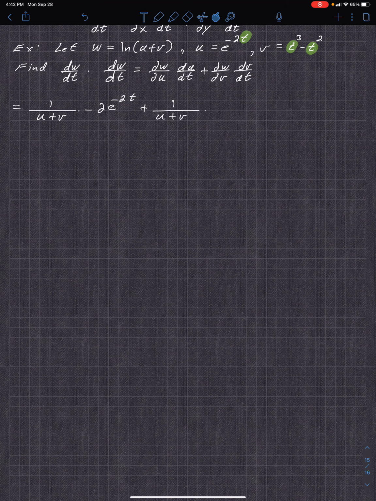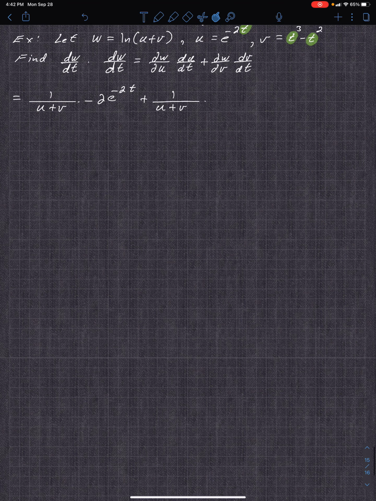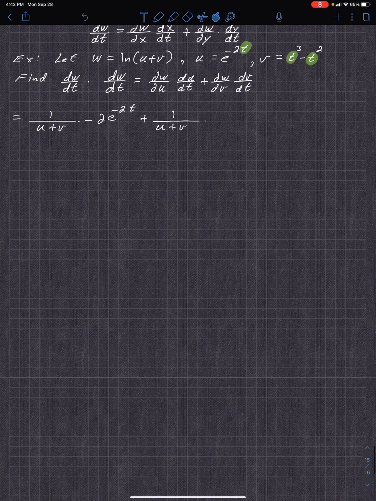And then now we're doing this derivative. So that's just 3t squared minus 2t. Better put parentheses to be clear. All right, so then we can add that together and then substitute for u and v.